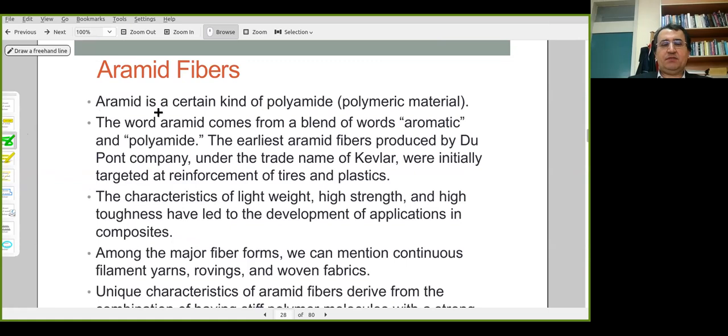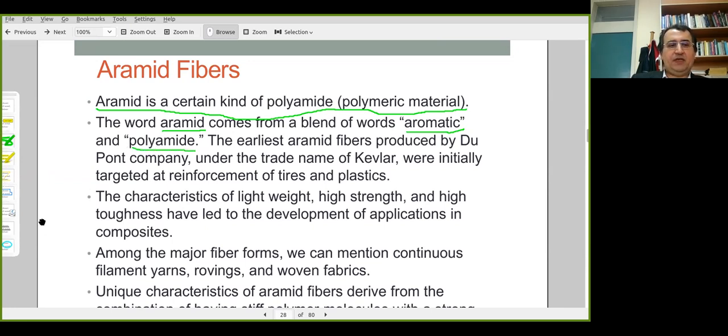Aramid fibers may find uses in certain applications. Aramid is a certain kind of polyamide. Actually, it's a polymeric material. The word aramid comes from a blend of words: aromatic polyamide.